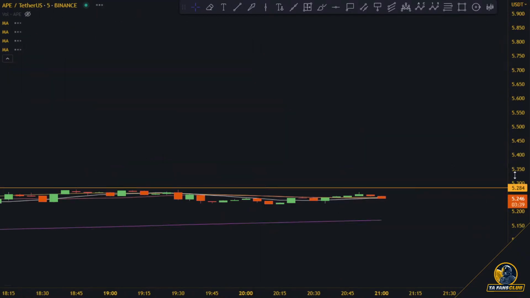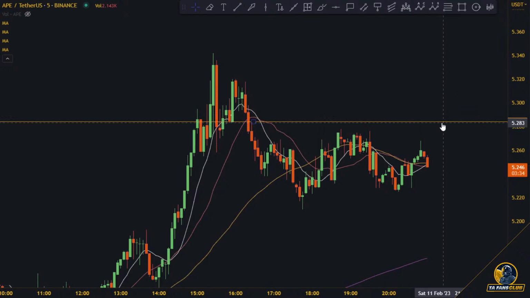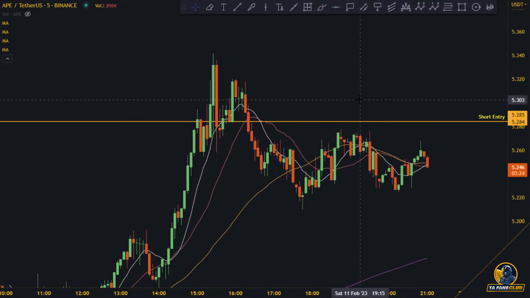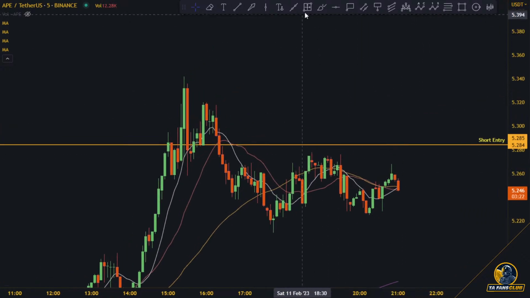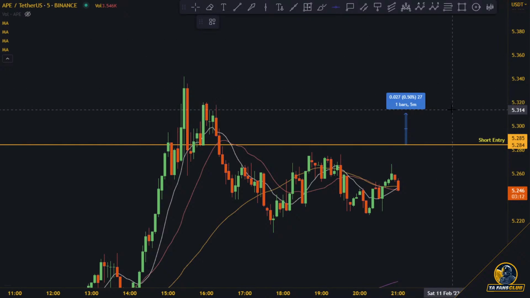5284, and if you look at a 5-minute time frame up here, it's just a little bit up there. So this is our short entry. So stop loss.